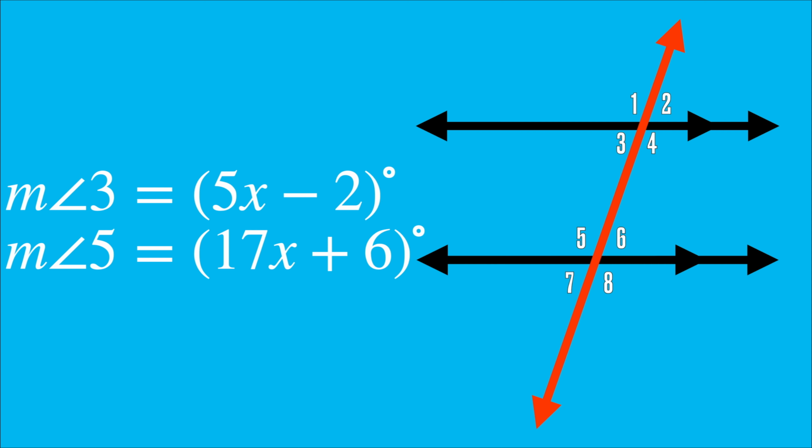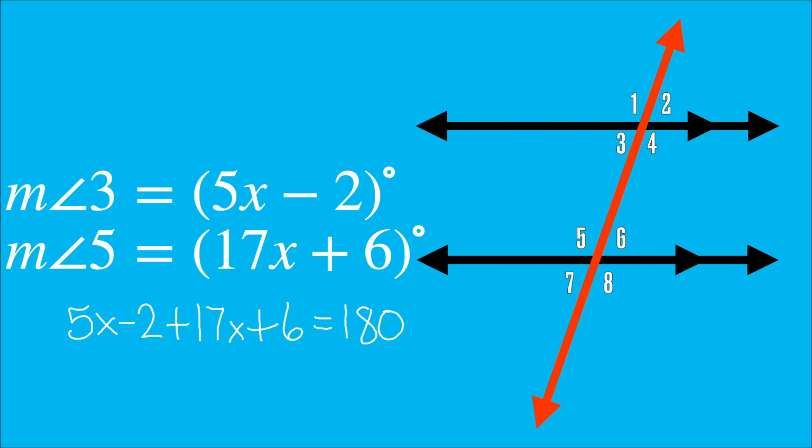So now let's try this question. We are told angle 3 is 5x minus 2, and angle 5 is 17x plus 6. So what we have to remember is these two angles are supplementary because they are same side interior. So that means 5x minus 2 plus 17x plus 6, because they are supplementary, is equal to 180.